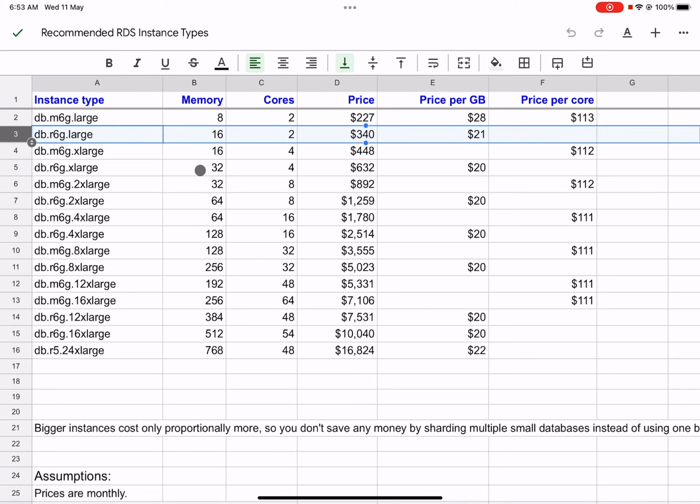Maybe your limitation is the CPU, in which case you can upgrade to 16 GB and 4 cores. But understand what the problem is and address the bottleneck. Don't blindly throw resources at it. So this is an example of vertical scaling with RDS.